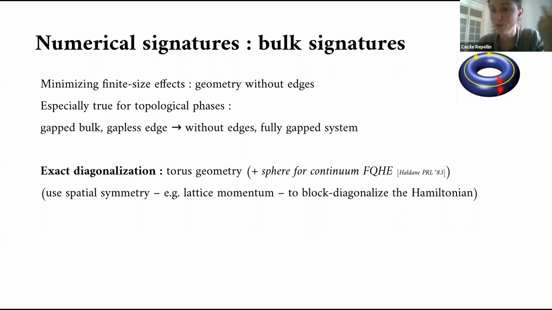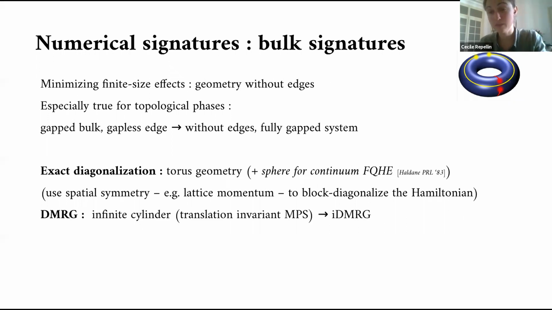Now, there's a second advantage of not having any edges in your system, beyond the fact that you lower the finite size effects, which is that you can use more spatial symmetries in principle. On the torus, you have translation symmetry along the two axes of the torus. In the context of exact diagonalization, you can use these symmetries, which commute with the Hamiltonian, to block diagonalize the Hamiltonian, so that effectively you are diagonalizing a Hamiltonian with a smaller dimension.